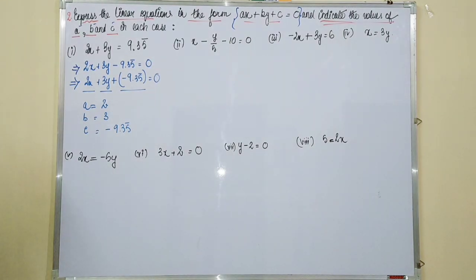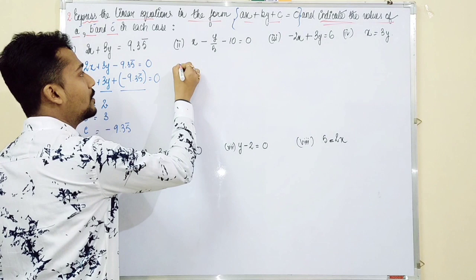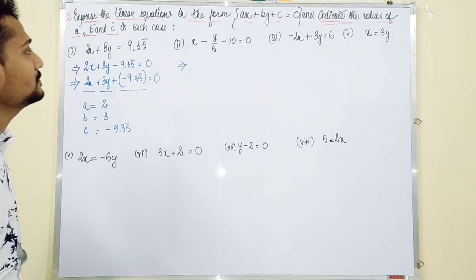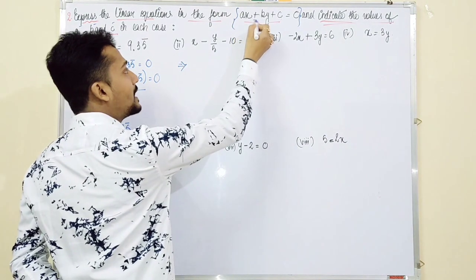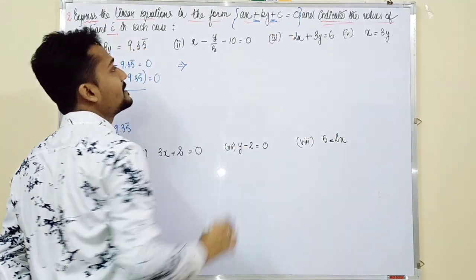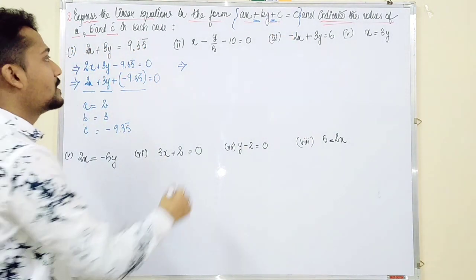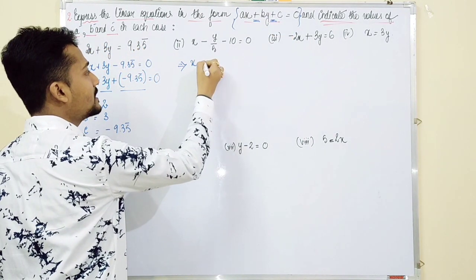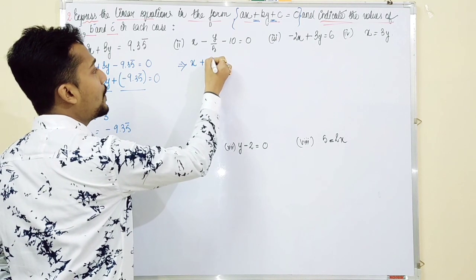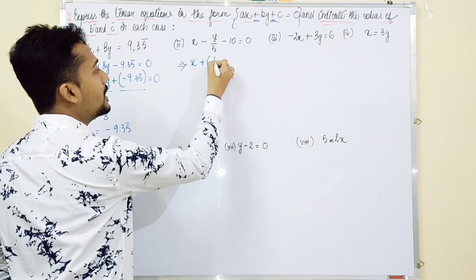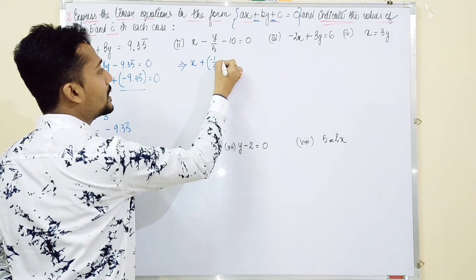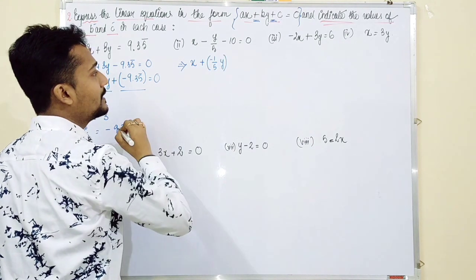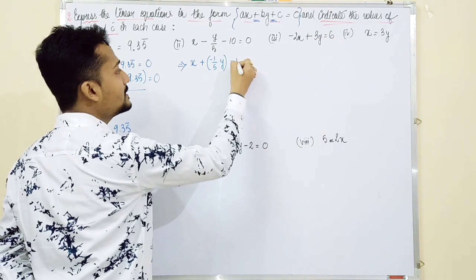Okay, so let us move on to the next question. ax plus by plus c is equal to 0, isn't it? So if I write this equation like this, x plus 1 by 5 minus 1 by 5 y, okay, minus 10.